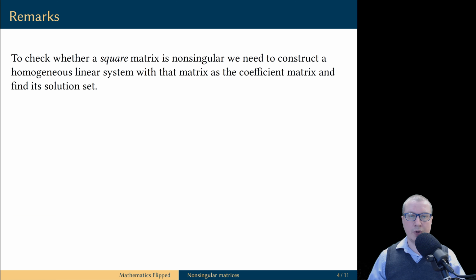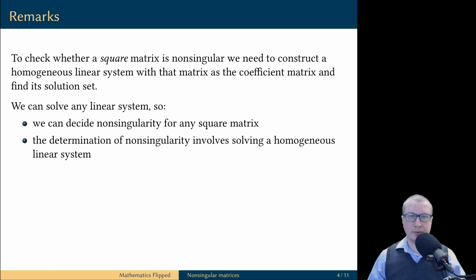To check if a square matrix is non-singular, we need to construct a homogeneous linear system with this matrix as the coefficient matrix, solve that homogeneous linear system, and look at the solution set. We have an algorithm that solves any linear system, and therefore we can decide whether any given matrix is non-singular, and the process of this determination involves solving a homogeneous linear system.